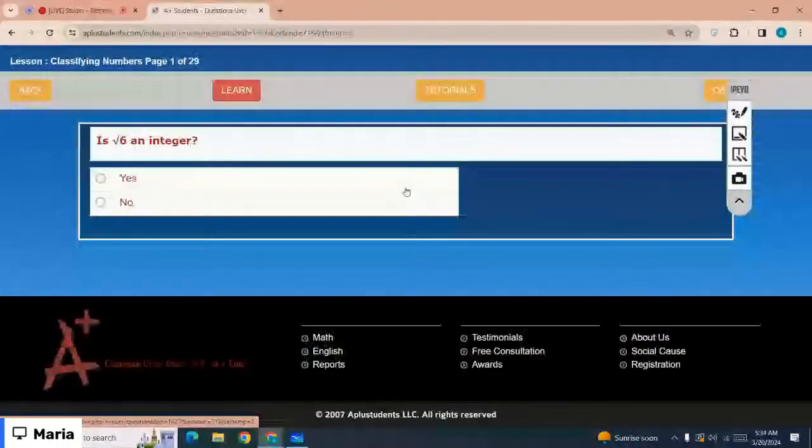Is square root 6 an integer? Which is the correct option?